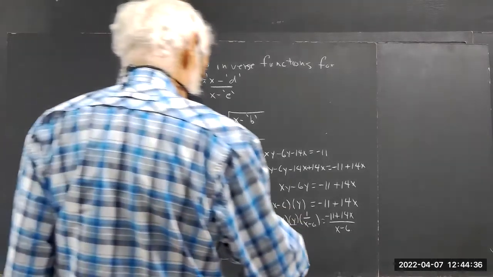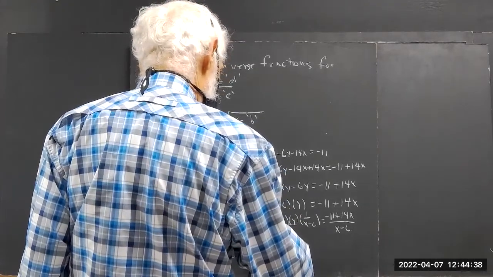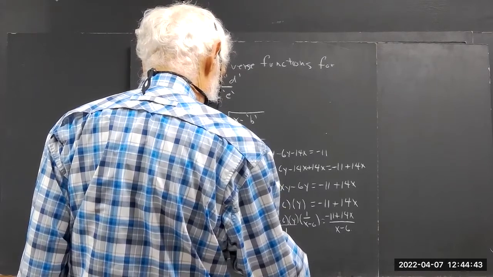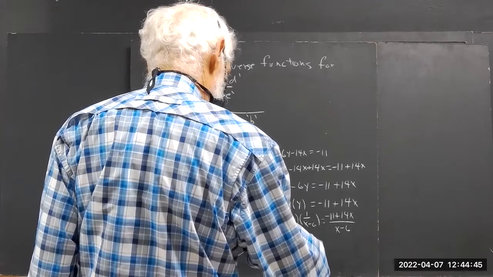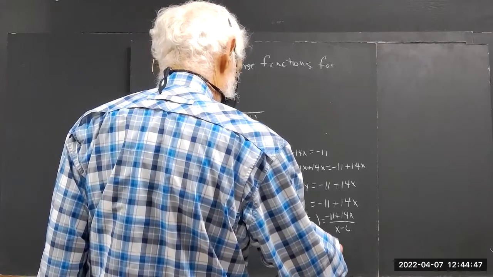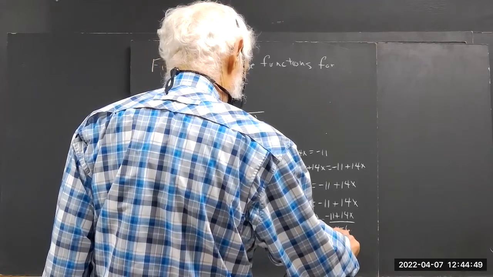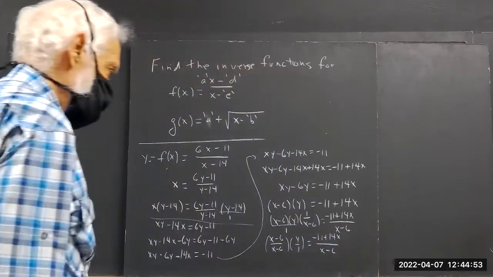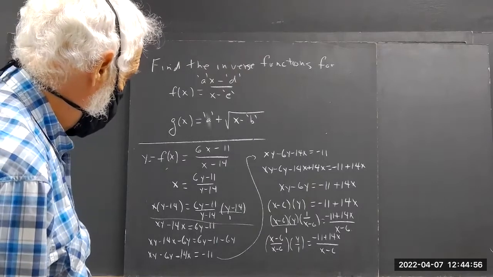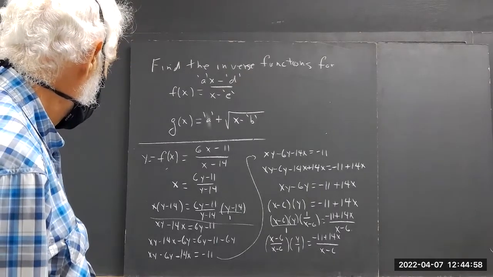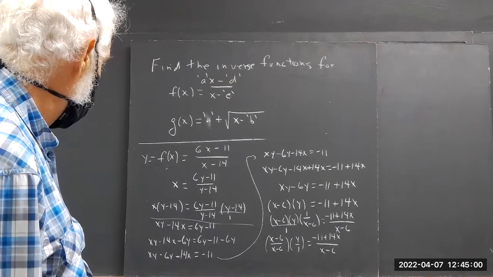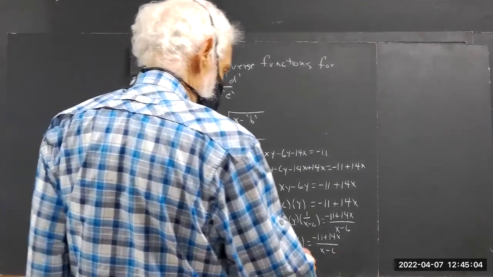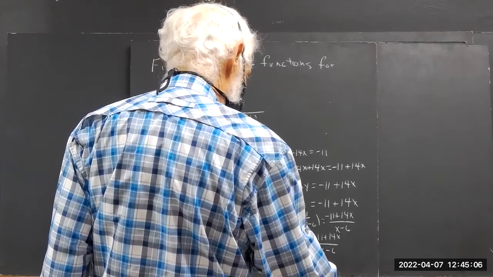I want to keep emphasizing, so we would have this. And x minus 6 over x minus 6 is 1. This gives us y.